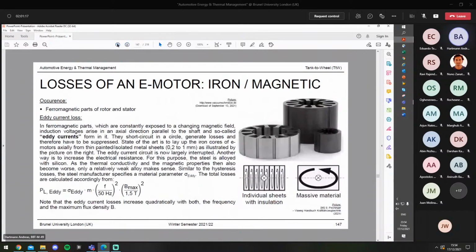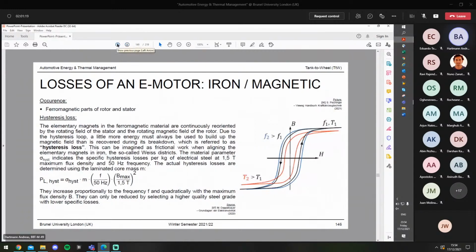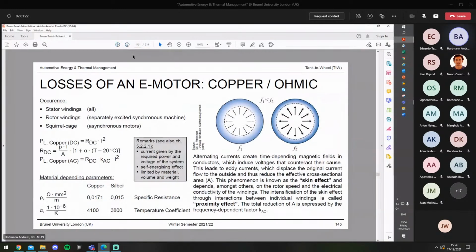Yeah, let's now talk about the losses of an e-motor. Most important are the so-called copper or ohmic losses. So I think you still know from other lectures that the dissipated power is equal to the resistance multiplied with I square.